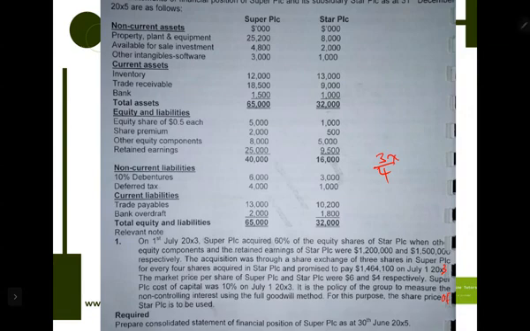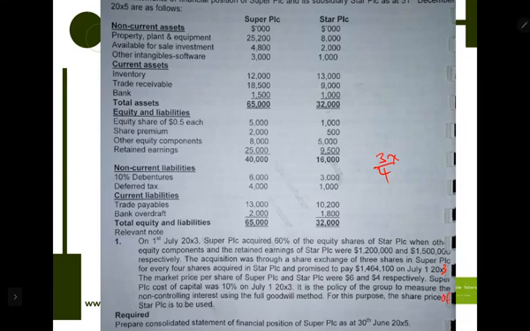Then the acquisition was through a share exchange, yes, and promised to pay 1,464,000 in a near future, which is on 1st of July 20X4. And the market price per share of Super PLC and Star stood at 6 Naira and 4 Naira respectively.